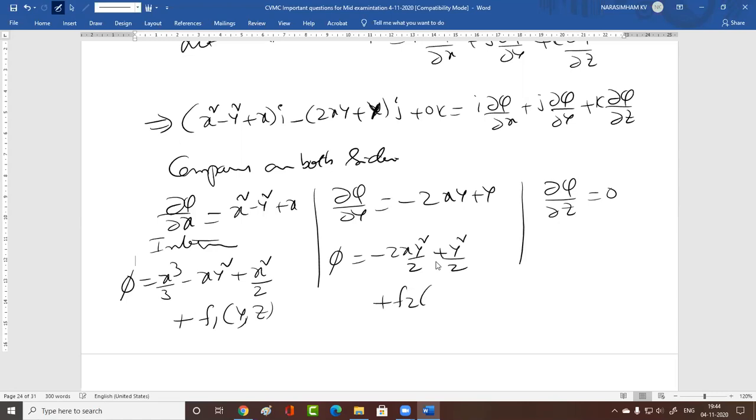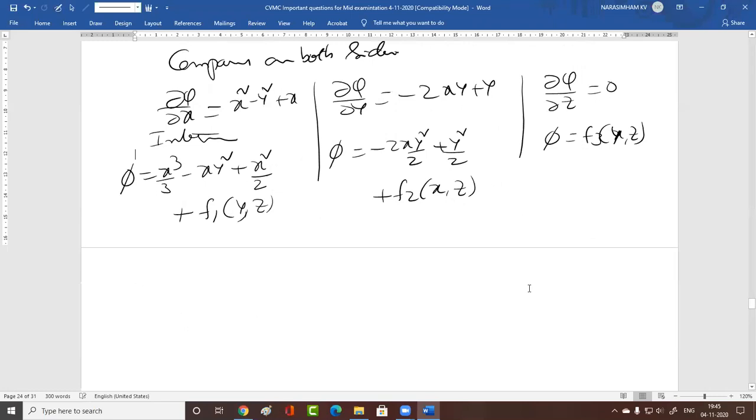Here the other two variables are constant, so I will take xz. Integrating with respect to z gives only a constant function of x and y. From these three, generalize phi.